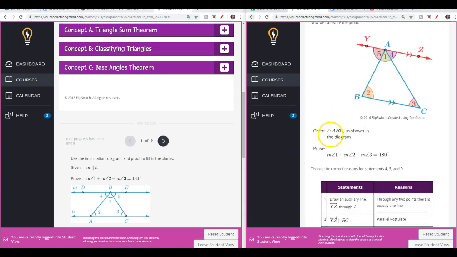This one just shows a triangle as shown in the diagram, and then prove that measure of angle 1, 2, and 3 equals 180 degrees. Well, this is similar to what we want to prove. What's different is that we have M parallel to N. We're still trying to prove that the inside angles of this triangle equal 180 degrees.